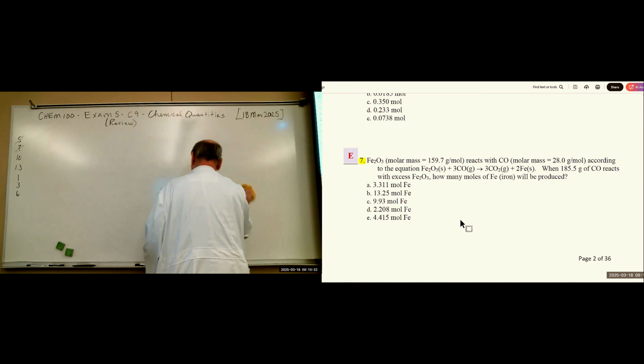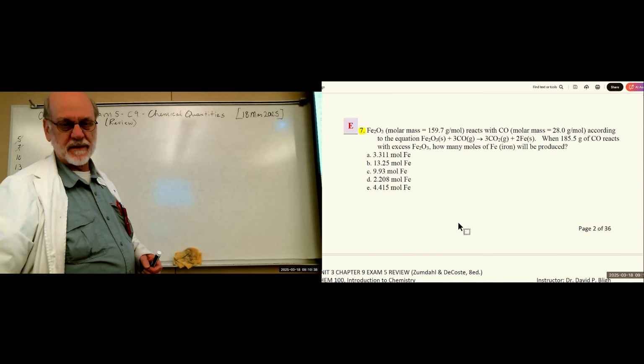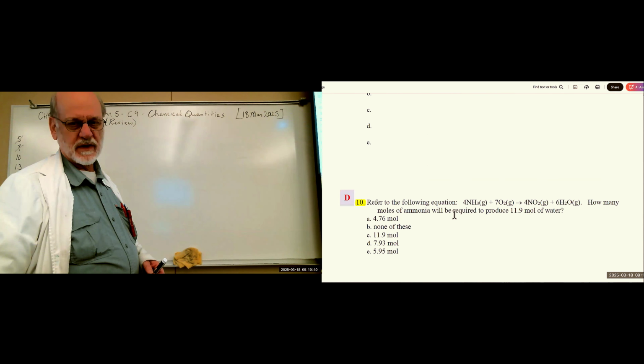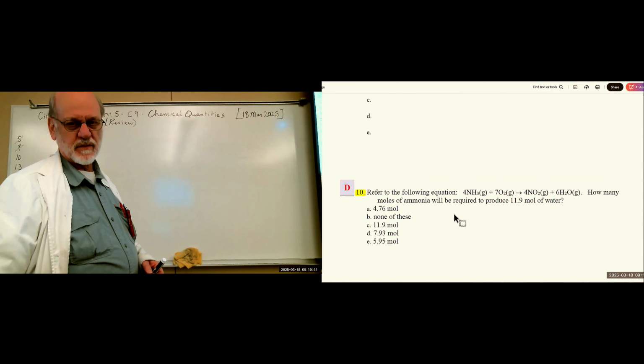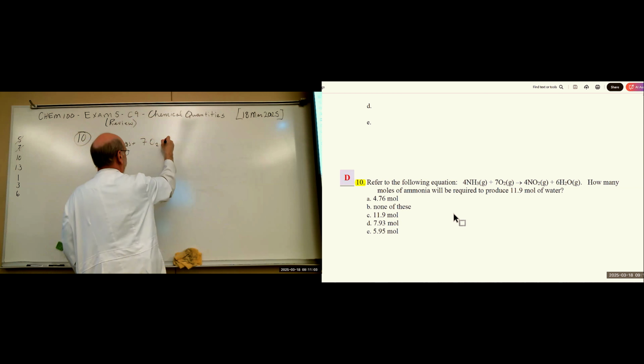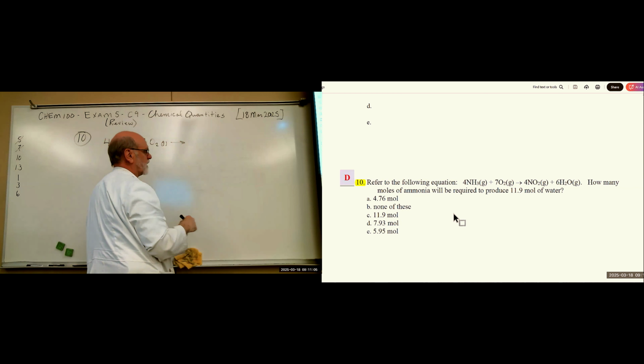Okay, next on our list is number 10. So using the following equation, it appears to be balanced. Ammonia plus, what was it, 7 oxygens, yields what?